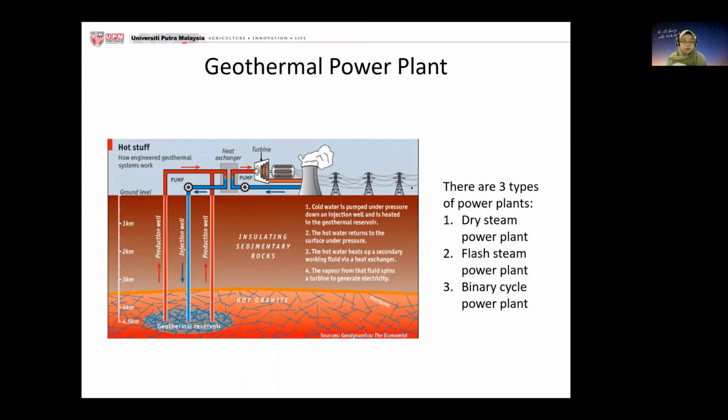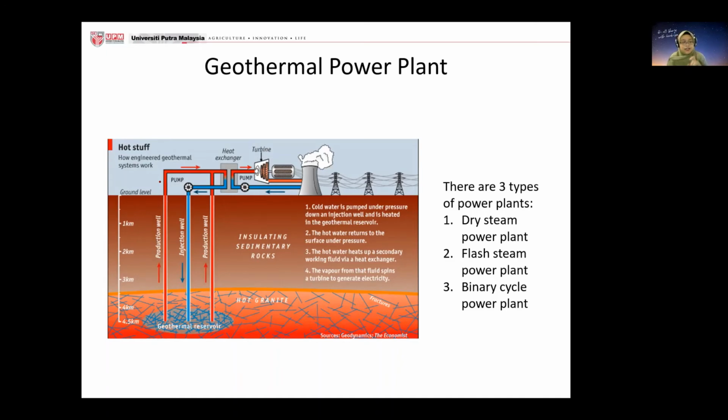In dry steam power plant, what drives the turbine is pure steam. The water is fully boiled, all of it is steam, and that will drive the turbine.